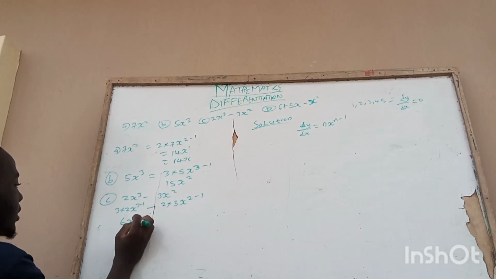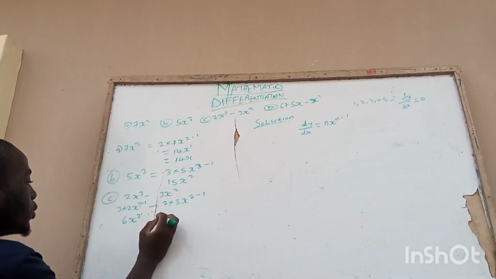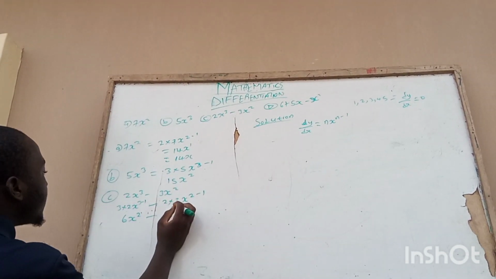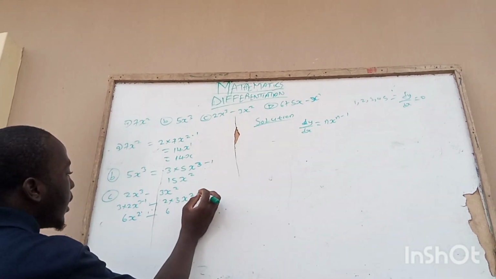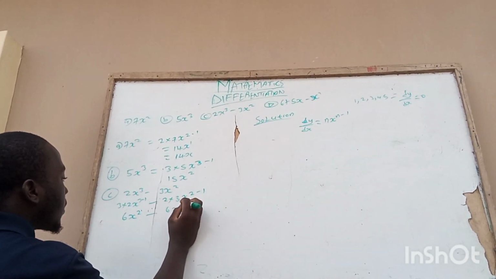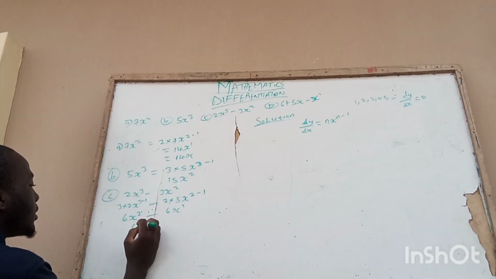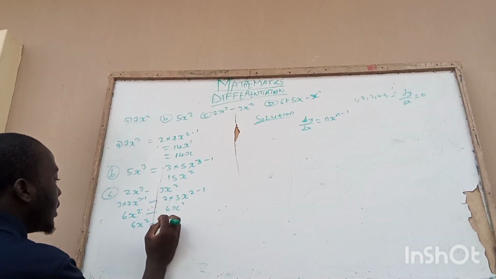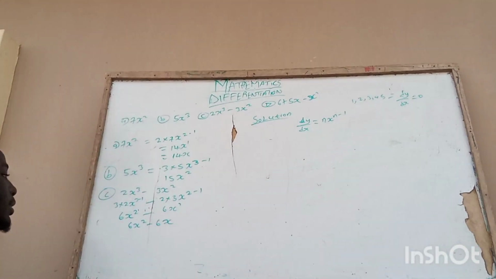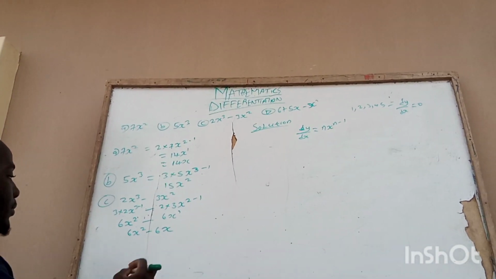So we have 6x raised to power 2, minus 6x raised to power 1. So the answer is 6x squared minus 6x.